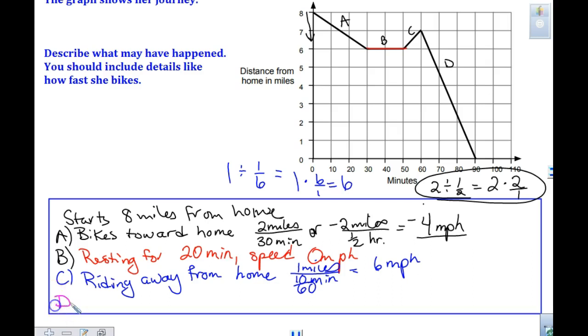And now for this last stretch, D. At D, she is going to ride home, and this time we want to take a look. We are going from 7 down to 0, right? So a negative 7 miles. In how much time? 10, 20, 30. So again, in half an hour.